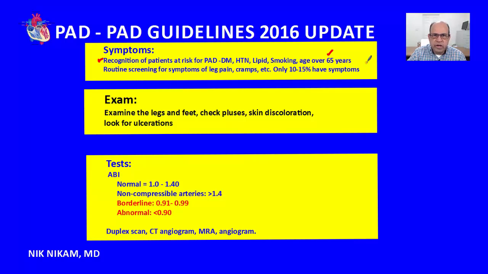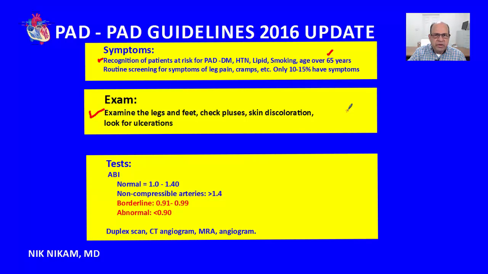When these patients come to the office for evaluation, either at a primary doctor's office or in a specialist office, it is imperative that we examine the patient's legs thoroughly. Look for evidence of poor circulation in terms of diminished pulses, absent pulses, or skin ulcerations.